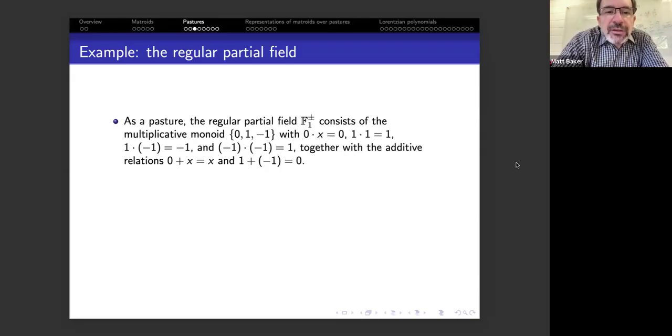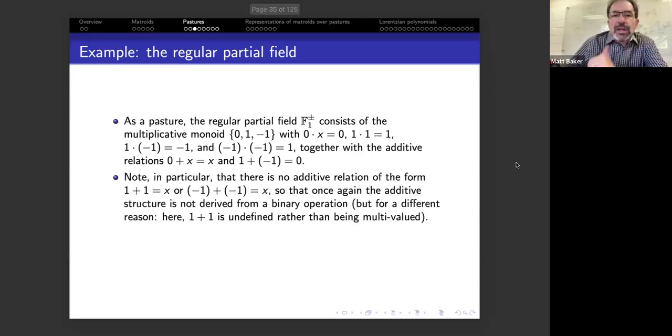The additive relations, aside from the usual 0 plus x equals x, there's just one other additive relation, which is that 1 plus -1 is 0. And -1 plus 1 is also 0 because it's commutative. But there's simply no relation of the form 1 plus 1 equals x.